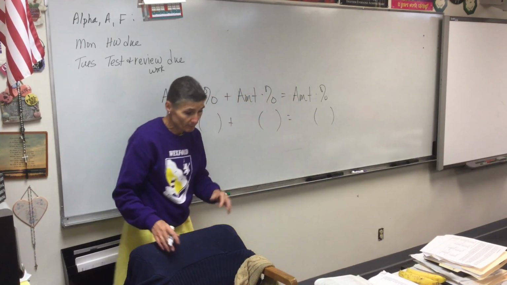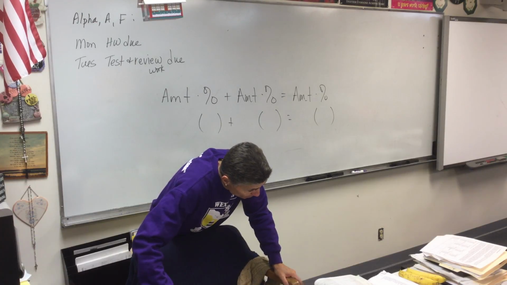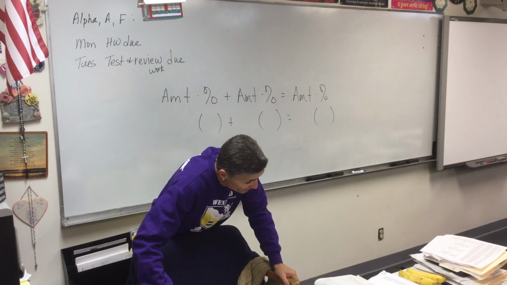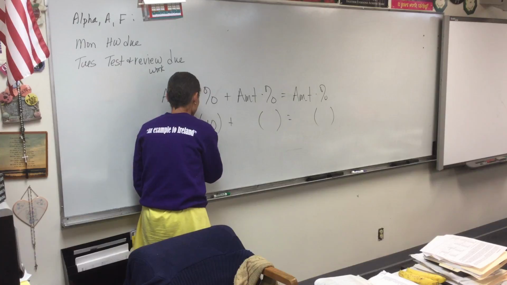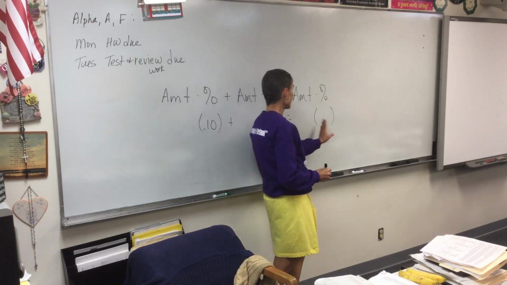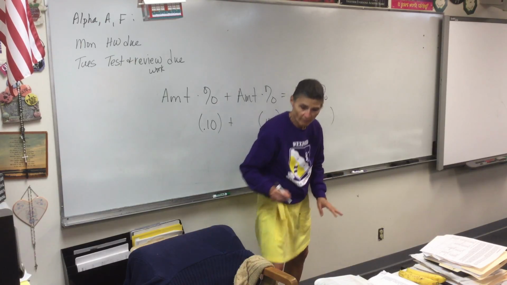So read problem number 31. What am I mixing together? A 10% and a 45%. So this is a 10%, this is a 45%, and I'm mixing them together and going to end up with a what? Was it 25?